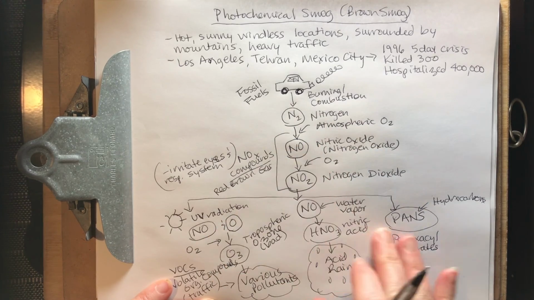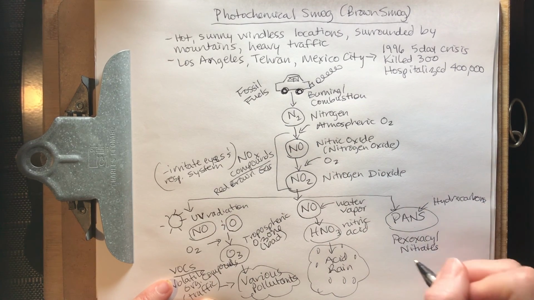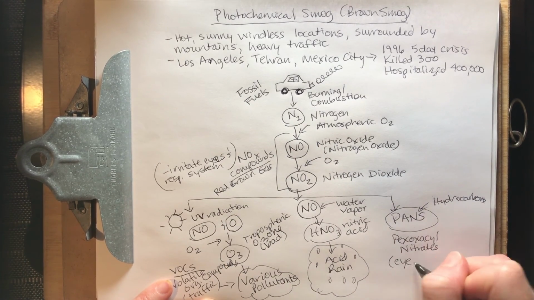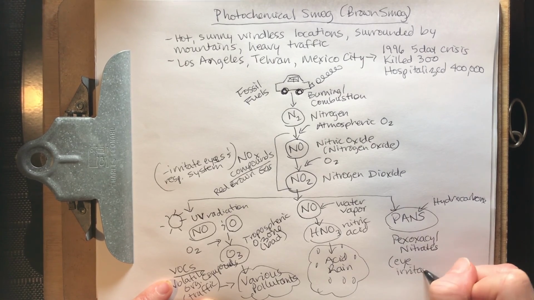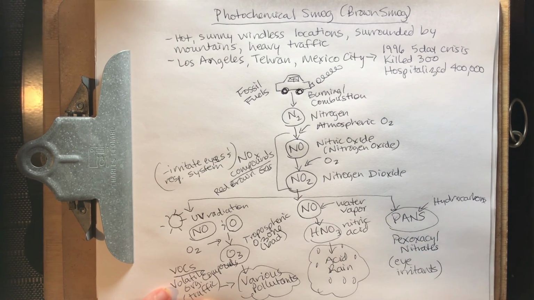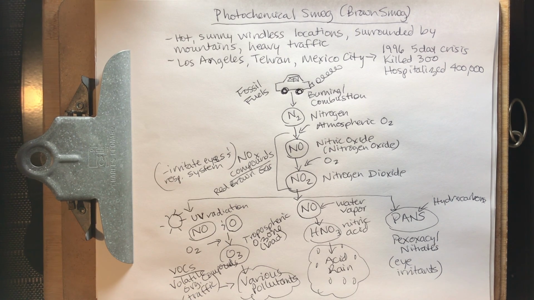So it forms with this soup to make these PANs. And these are known as eye irritants. All right, and so that is photochemical or brown smog.